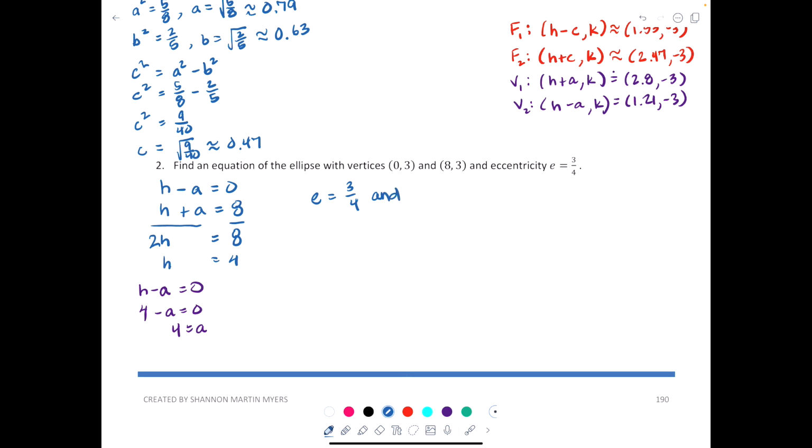And we also know in general it's equal to C over A, that ratio. So using this information, we can say that 3/4, which is the eccentricity, is equal to C over what we found for A, which was 4, right? And so therefore, C has to be 3.